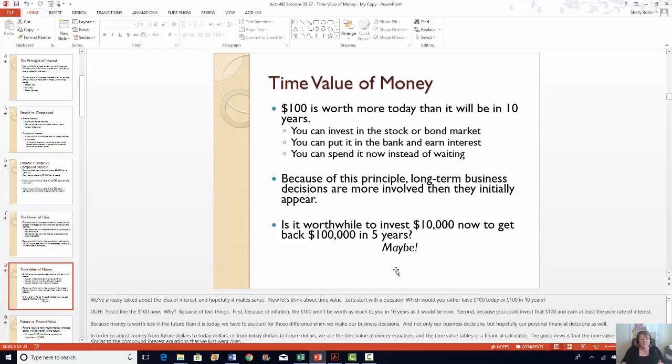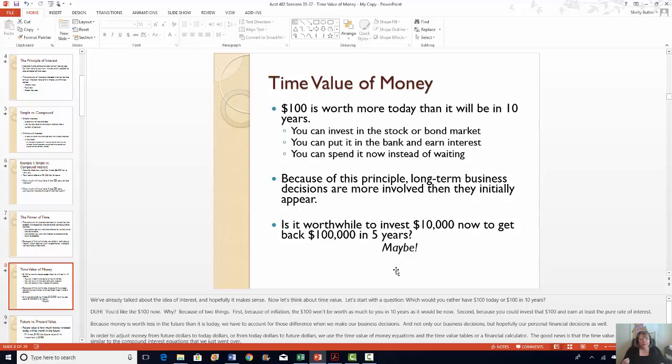So your money does not buy as much in the future as it does today. And that's just inflation. So now you can invest the money in the stock market or the bond market, or you can put the money in a bank and earn interest, or you can spend it now instead of waiting.